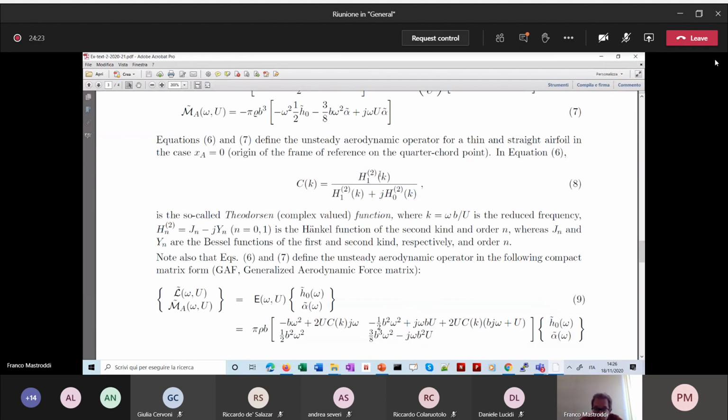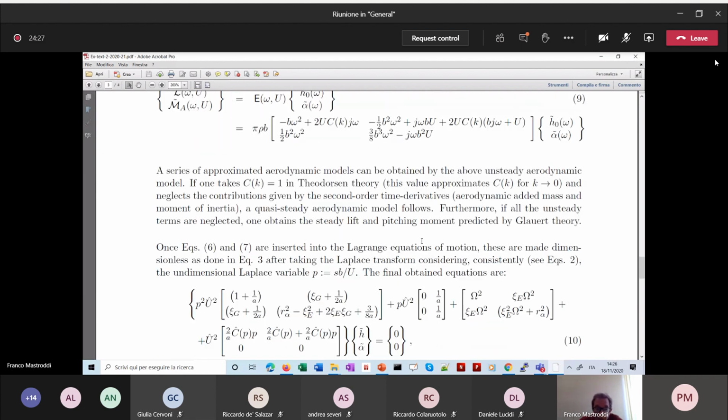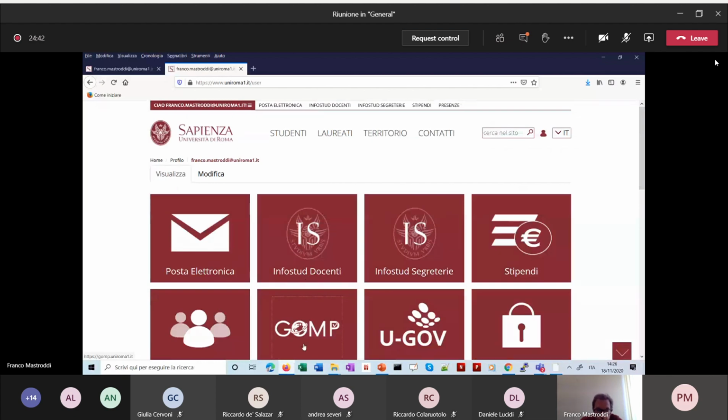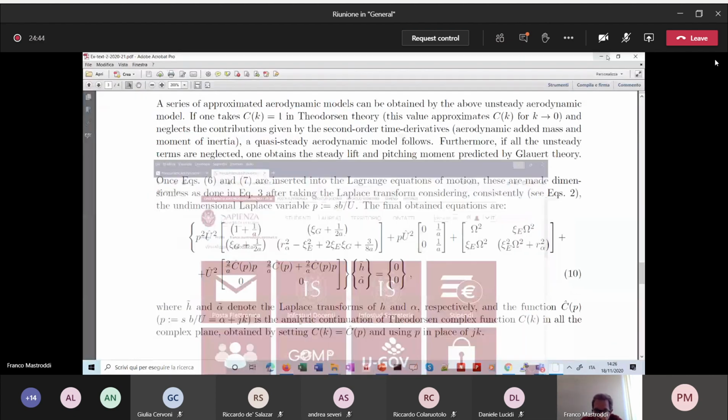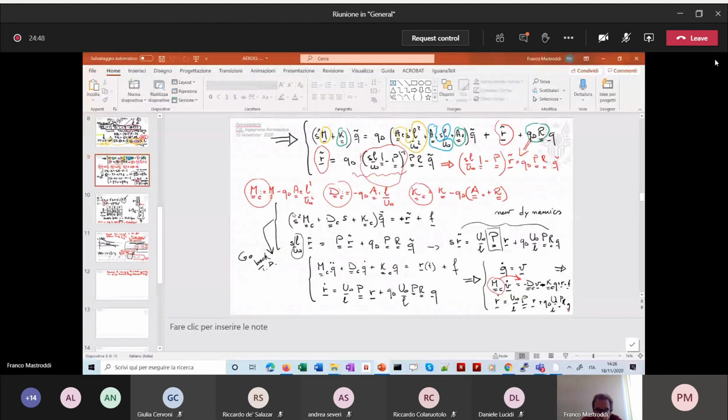When you use the exact one, you have this generalized matrix, and you write your flutter equation in this way. Okay, in practice, this equation 10 is identical to this equation here, the flutter equation.